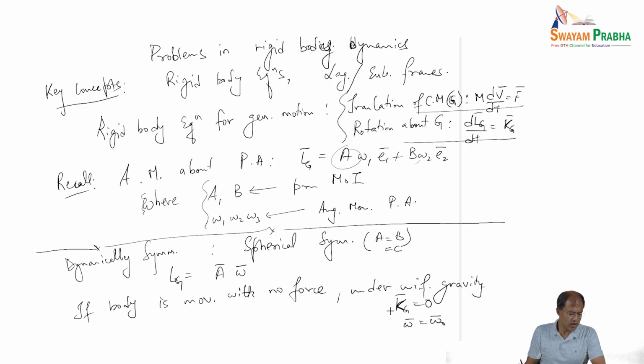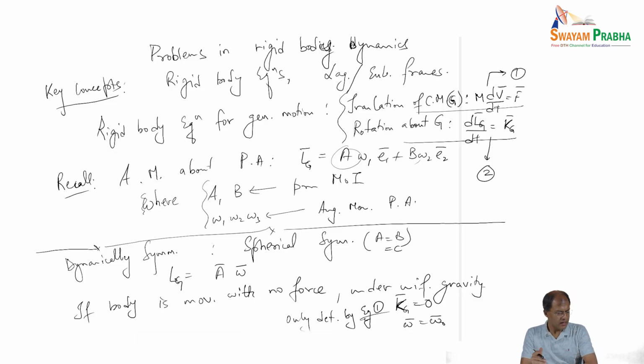So in this case the angular velocity is preserved and the motion is determined purely. So let me call this first equation as 1 and the second equation as 2. So in the first equation, the motion is of the center of mass, and in the second equation, the motion is about the center of mass, which is the rotational. So the motion is only determined by equation 1.